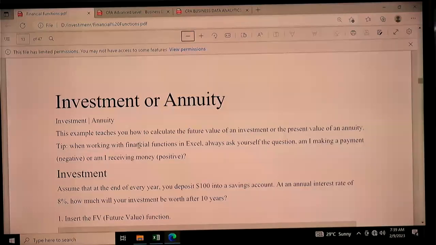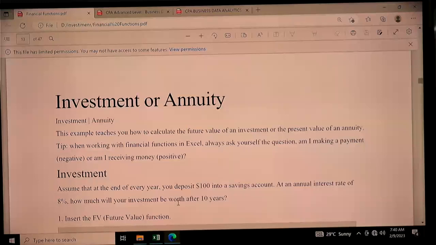But now here, you deposit a specific amount into a saving account. You are given an annual interest rate, and you are told how much your investment will be worth after a given duration of time. That is what investment is all about.